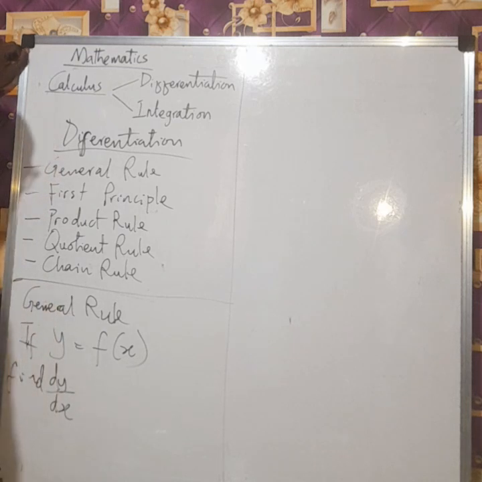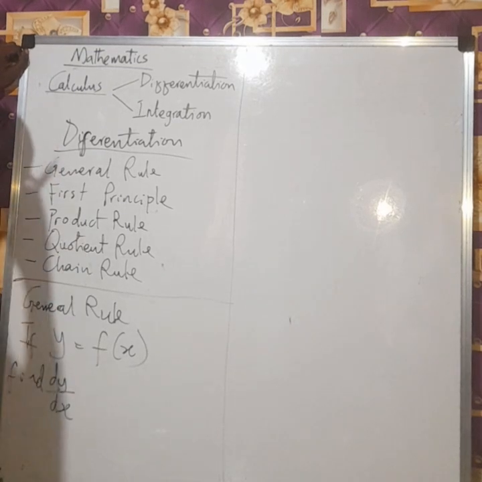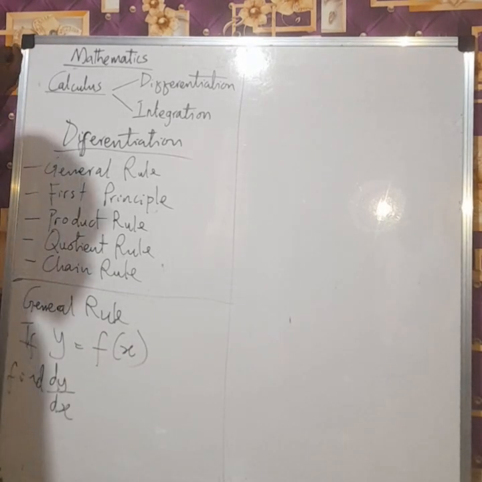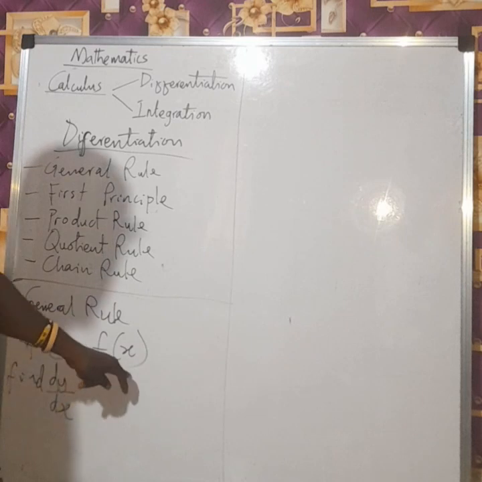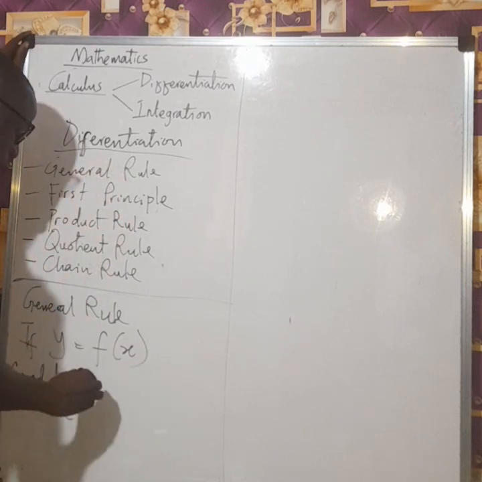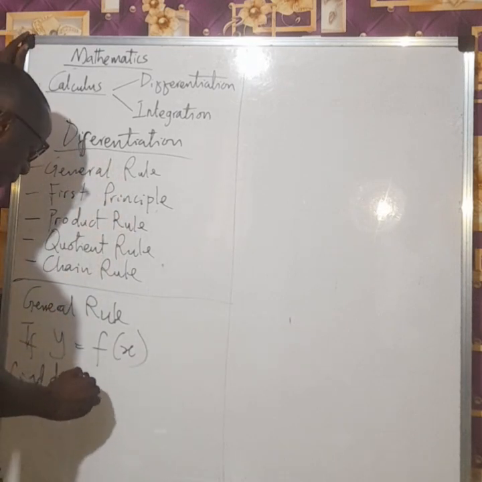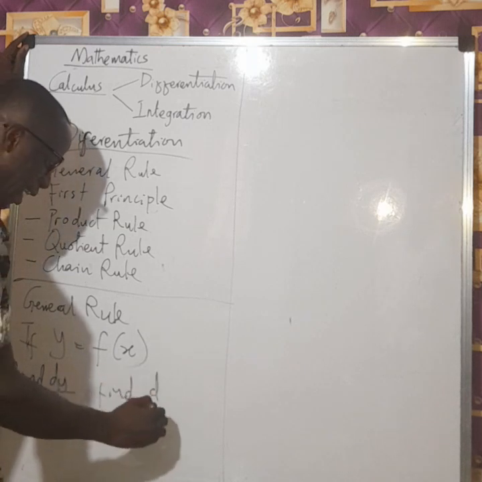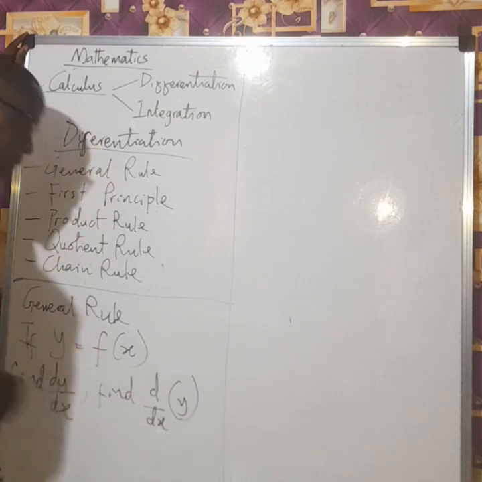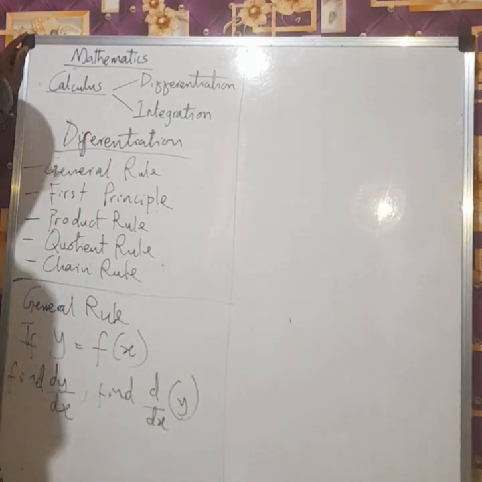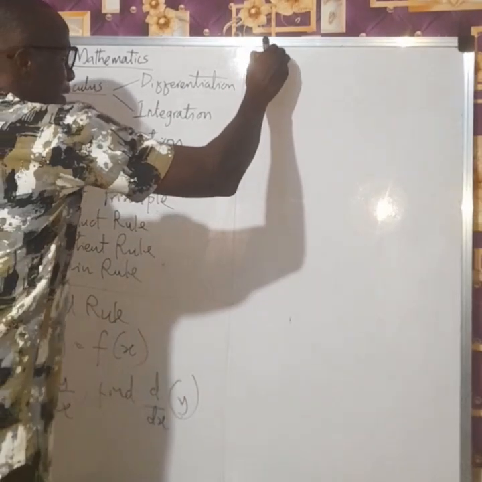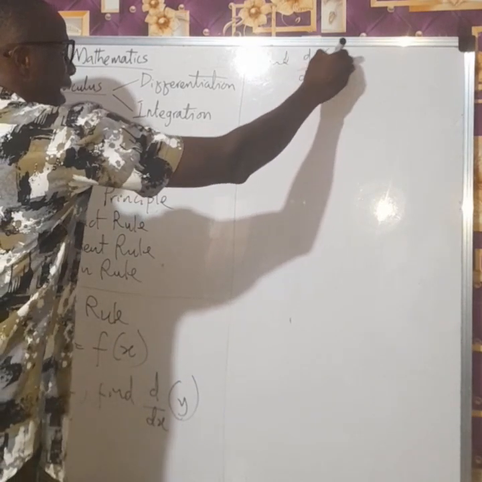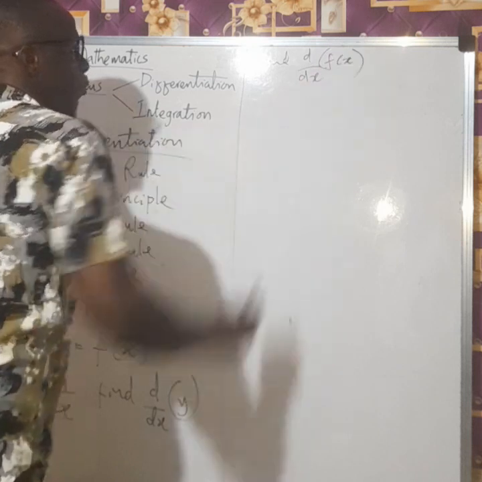Dy dx of this simply means that I am differentiating this function. It is also the same as finding d dx of y, the function. It also means find d dx of that function.